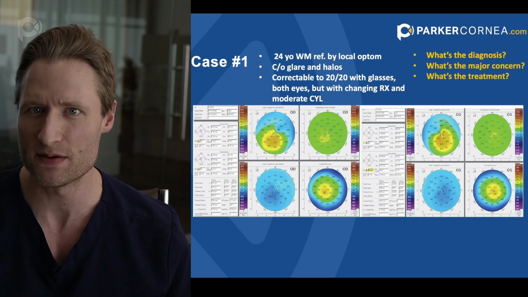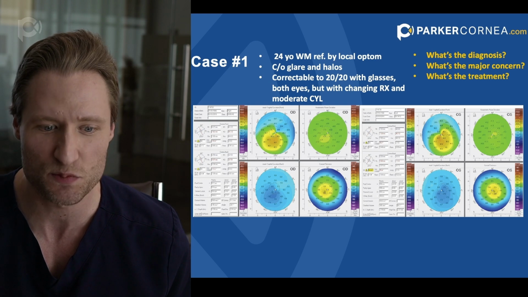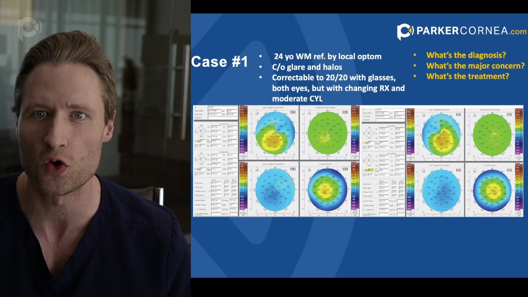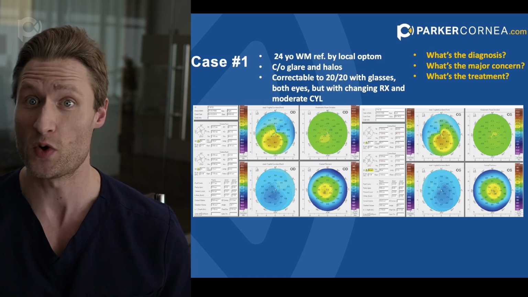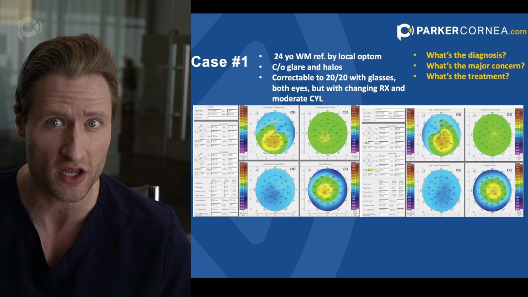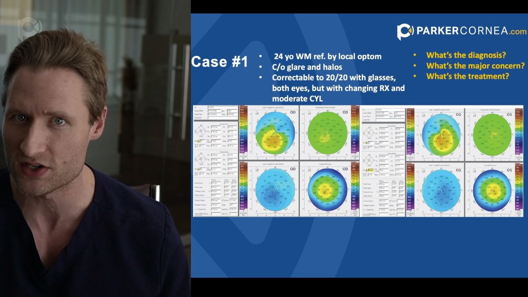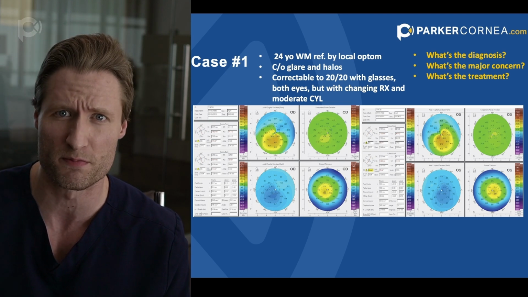So an inferotemporal steepening is characteristic of keratoconus, especially when the cornea is also locally thin in that area. So this is a patient who has keratoconus. This is what early keratoconus looks like. 20/20, subjective visual complaints, corneal steepening revealed on maps.